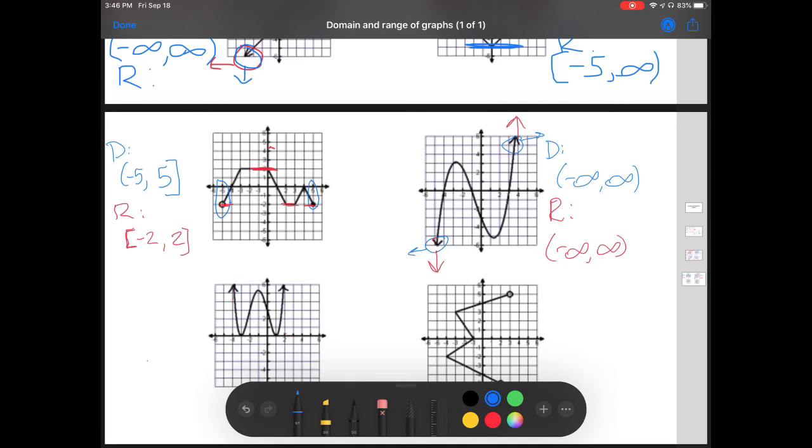On my last 2 graphs, my first one here, my domain, I've got arrows going side to side. We'll have -infinity to positive infinity. My range, the arrows only point up, so only positive infinity. So the bottom, which is here, would be on a 0. So the range would be 0 to infinity.